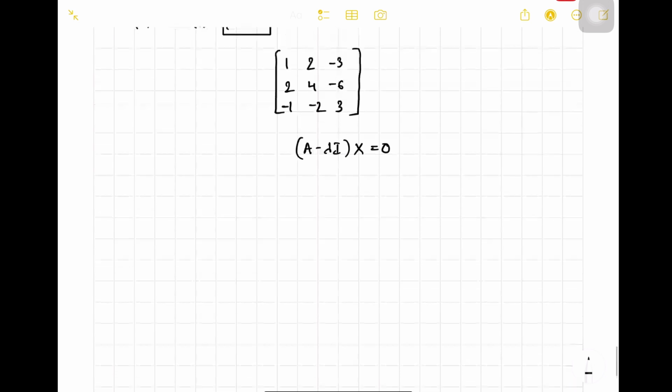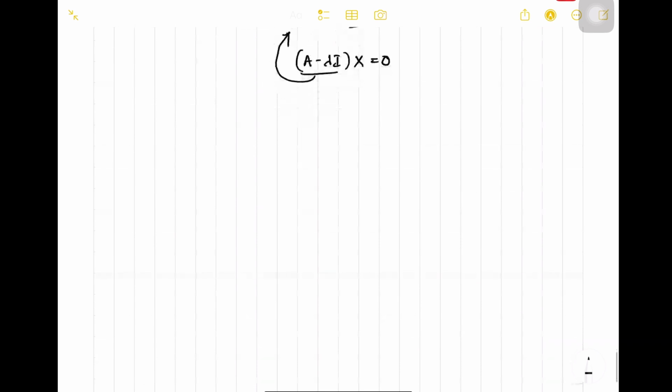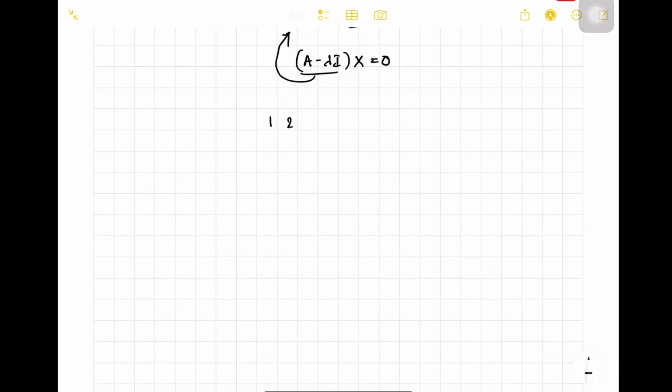So we will substitute this. A minus lambda I is this matrix, so we will just write 1 2 minus 3, 2 4 minus 6, minus 1 minus 2 3, and x we can write as x1, x2 and x3, which is equal to 0.